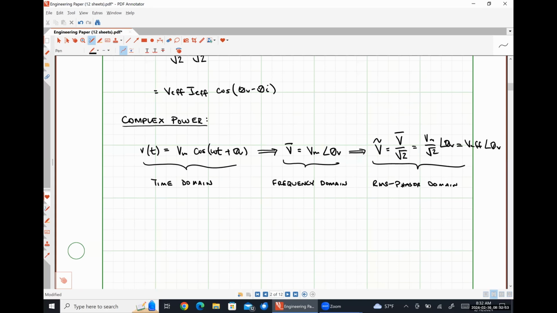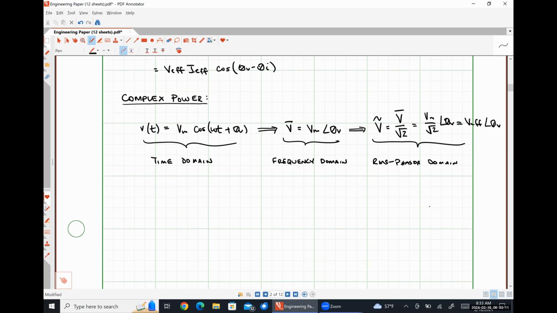So to go from the frequency domain into the RMS phasor domain, all we're going to do is just divide the magnitude of our phasor by square root of 2, and we're good to go. Phase angle does not change literally at all.